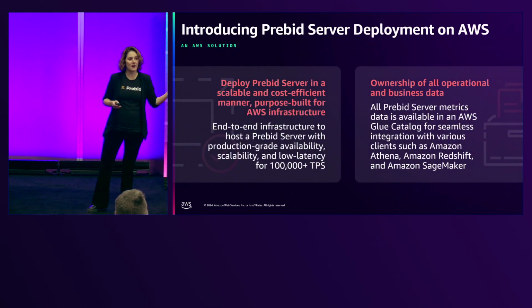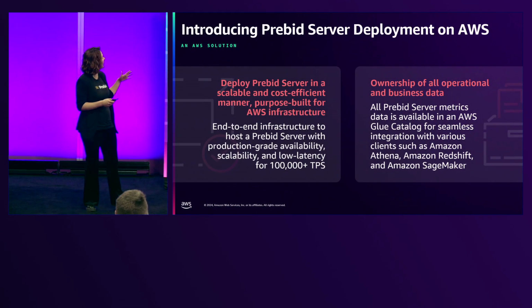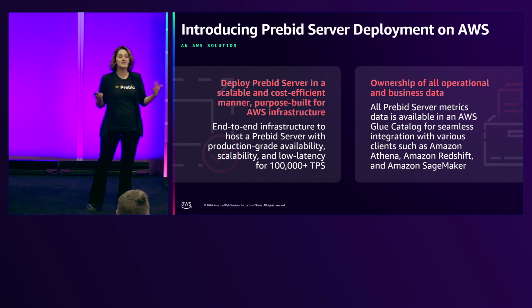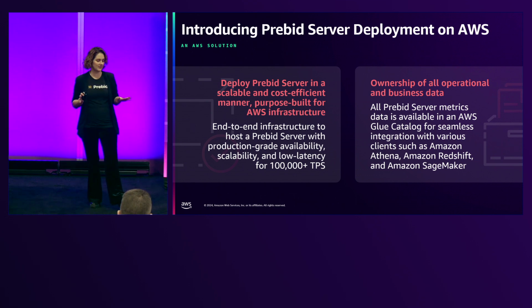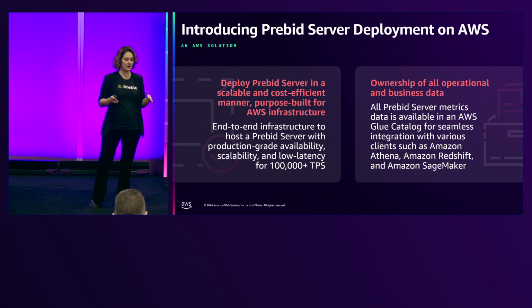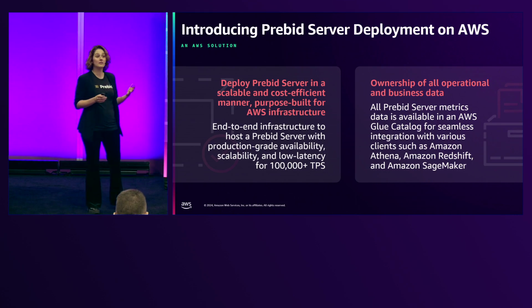So introducing our capital S solution, that is Prebid Server Deployment on AWS. You get to deploy Prebid Server in a scalable, cost-efficient manner, all on your own AWS infrastructure. So end-to-end infrastructure, you're hosting Prebid Server, production-grade availability, scalability, low latency.